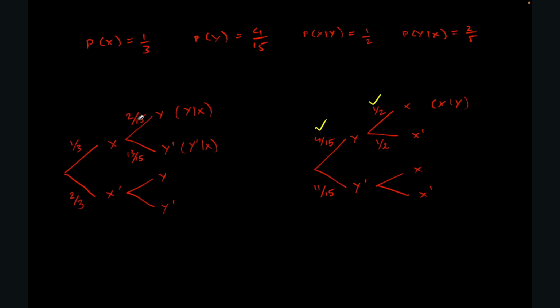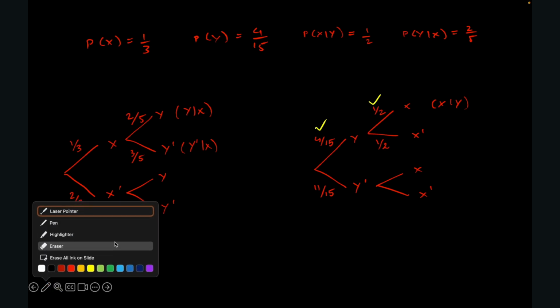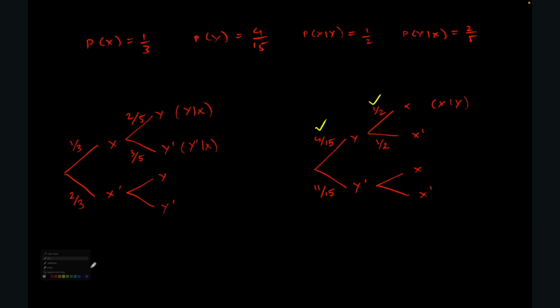I think I made a mistake here. This should be 3/5, not the 12/15. It should be 2/5. Similarly, if you multiply this and this, you'll get the probability of x intersection y, right? That makes sense. Got it?